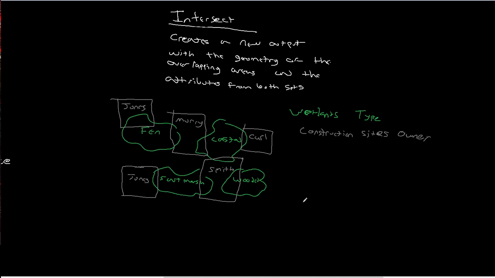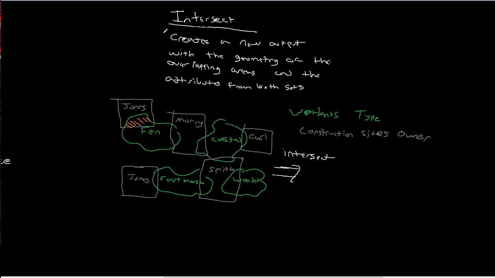Right. And so what we're going to do with Intersect is we're going to look at each time the features overlap. I'm going to do this in orange. Right, so they overlap here. So I'm going to do my best to do this graphically. Right, when we run Intersect, what we do is we create a new output with the geometry of overlapping areas.